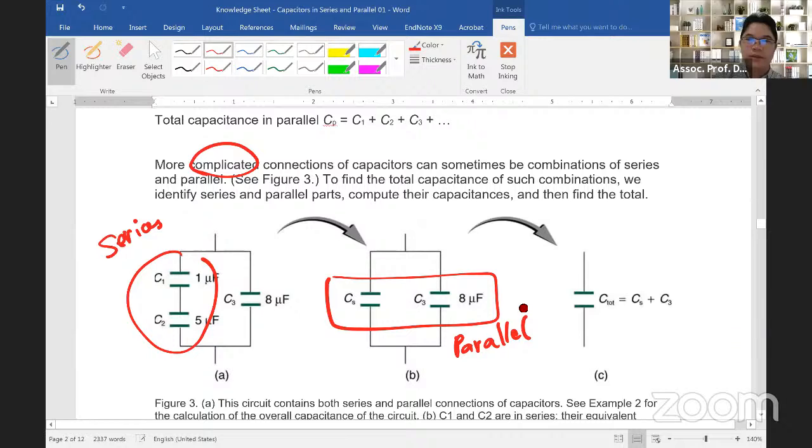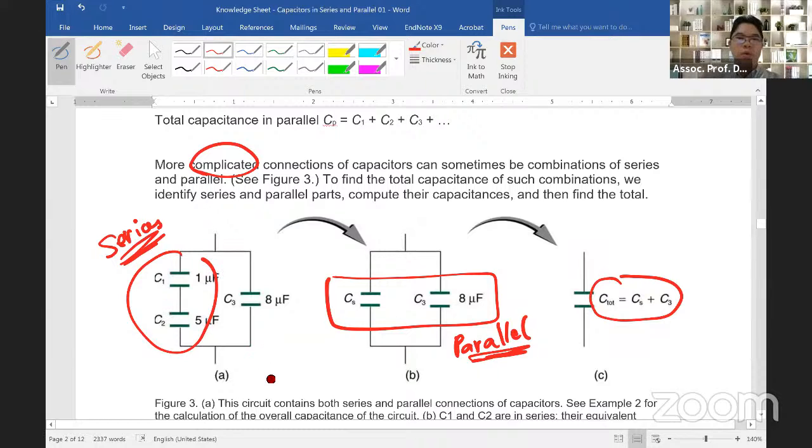The way we usually deal with a complicated circuit like this one is to calculate the other side first. When you connect two capacitors in series, you calculate the series first, and then the parallel later, and then you get the total capacitance. So here you calculate for the series, right?